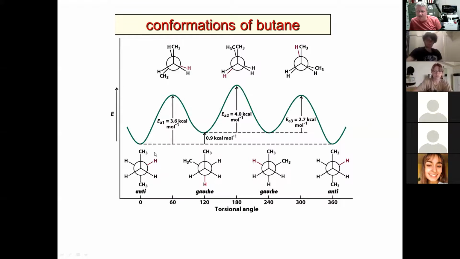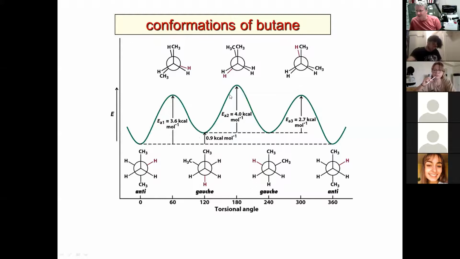Why is anti happy? The CH3s are opposite from each other, whereas in the gauche, the CH3s are closer together. Right, that's exactly right. Things don't like to bump into each other, right? They're happier being far away. So it goes from anti up to the low energy eclipsed, down to gauche, which is a little less happy than anti.